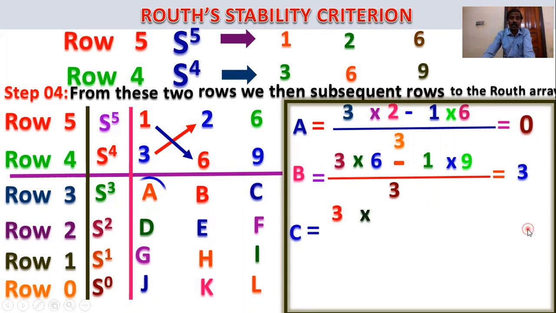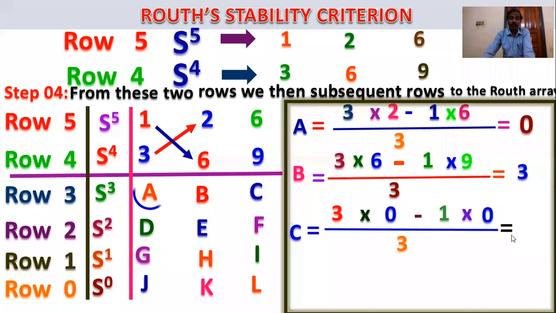And C equals what? 3 into 0 minus 1 into 0, divided by 3, because this is the 0 position, and this is also the 0 position. So C equals 0.